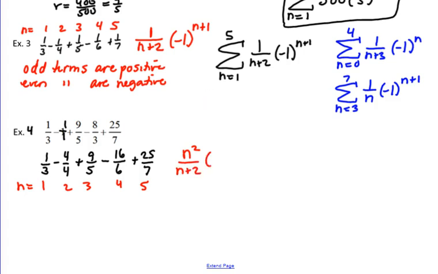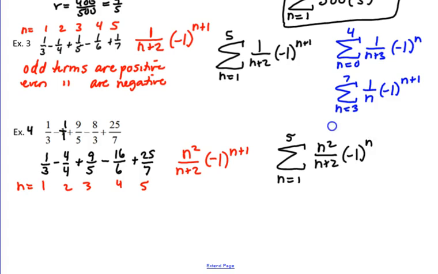And then because my odd numbered terms are positive and my even numbered terms are negative, just like they were in the first way that I wrote example 3, I would have to have negative 1 to the n plus 1. I'm not sure why I didn't put the sigma notation down first so I could just write it all at once, but this would be n equals 1 to 5 n squared over n plus 2 times negative 1 to the n plus 1.